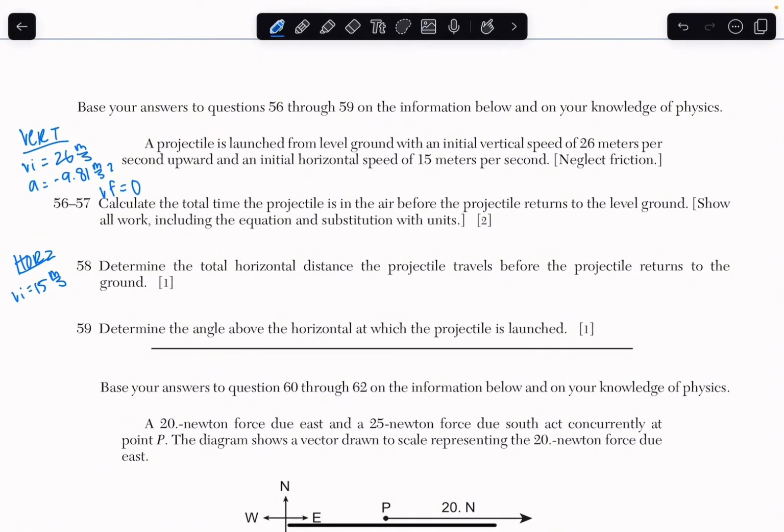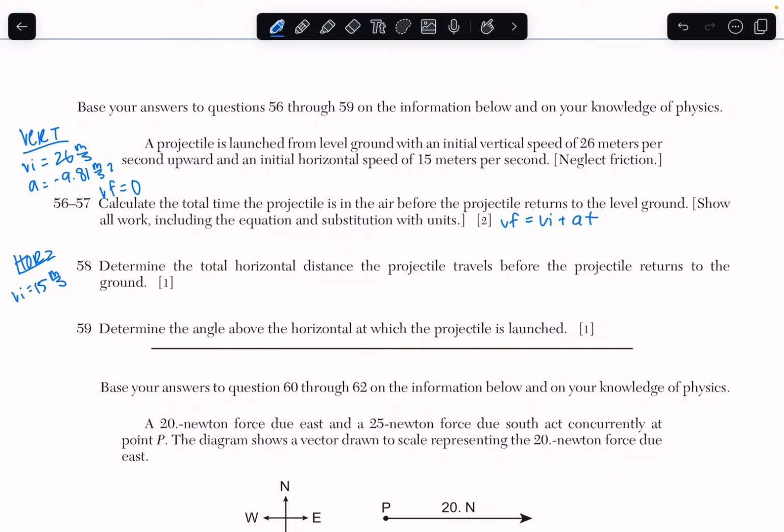For 56 through 57, we need to find the total time. We have all these different components, so we could look at our different kinematics equations for one with all of them. And that equation is going to be Vf equals Vi plus At. So we just plug it in.